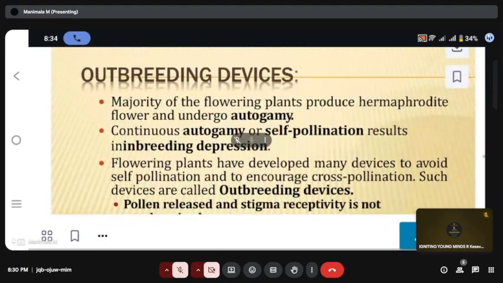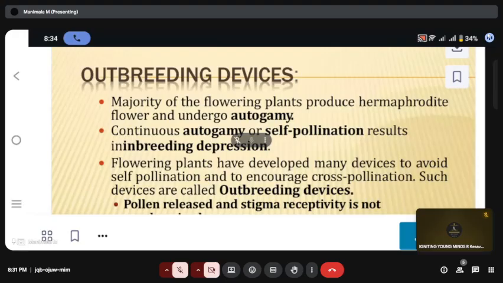And next, outbreeding devices. What are outbreeding devices? Anybody? No idea?